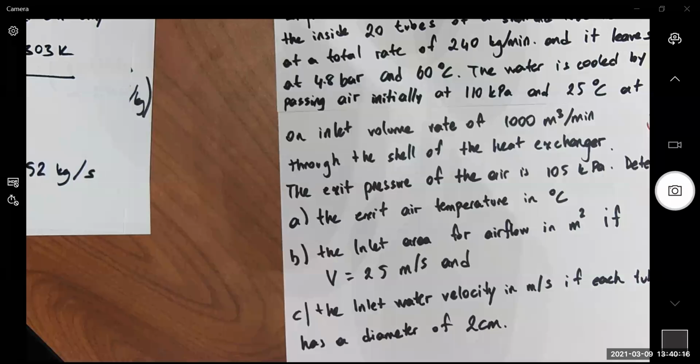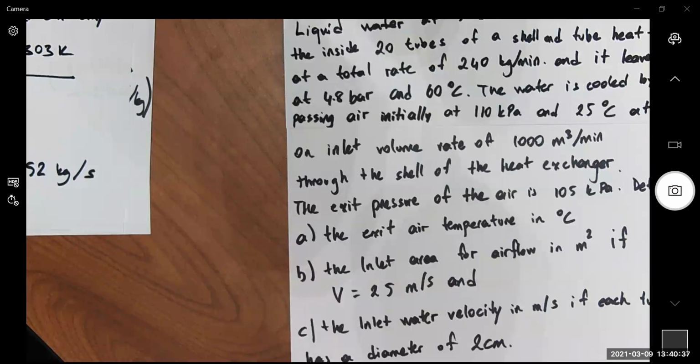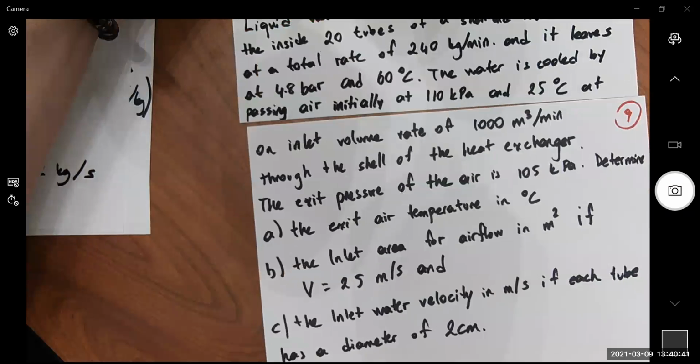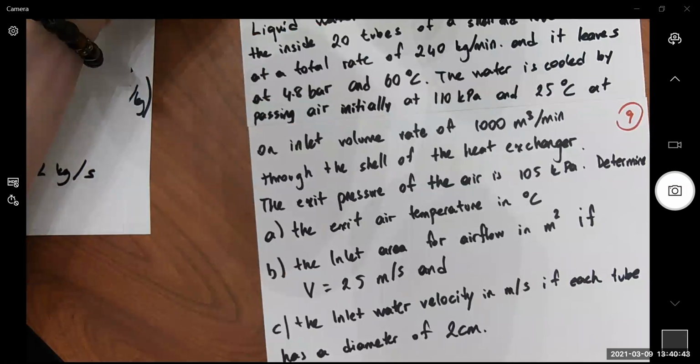The pressure changes, etc. So this is just a simple thermodynamics point of view. And we know the number of tubes, area, one side, one inlet and outlet. A closed shell heat exchanger, I can get done with this.